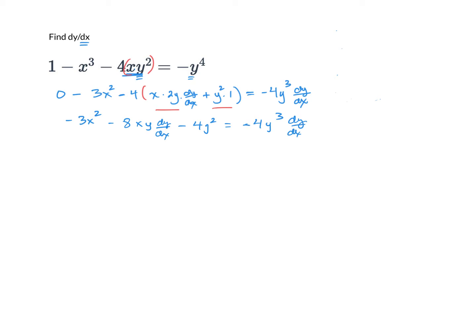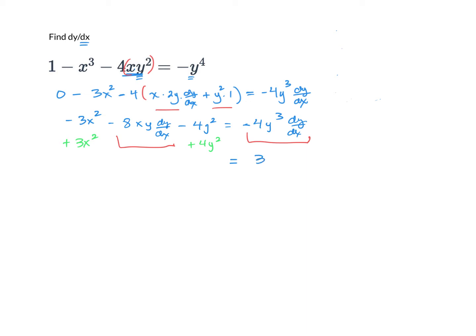Now, if you notice, I have two terms that have dy/dx in them, right here, and I have two terms that do not. Let's go ahead and move the dy/dx terms to the left and the other terms to the right, which means right now I have a -3x squared, so we're going to add 3x squared to both sides. I'm going to add 4y squared to both sides. I'm moving these terms over because they do not have dy/dx in them.